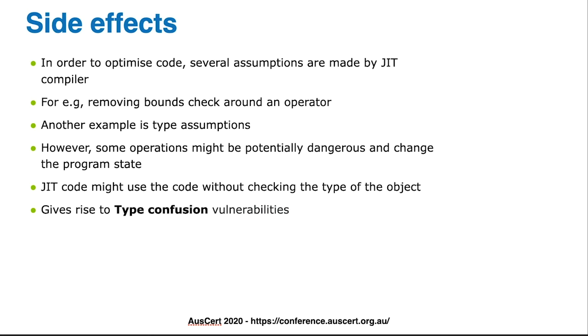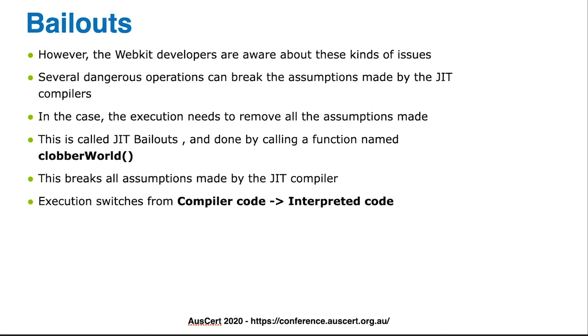This kind of effect is called a side effect, because it's a side effect of optimizing the code. However, the WebKit developers are aware of these kinds of issues, and they can break these assumptions using several operations, right? So assuming certain things are valid, or some things happen which are not expected, the JavaScript developers have written code that will break the assumptions and throw it back to tier 1.